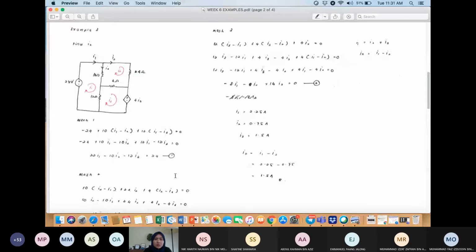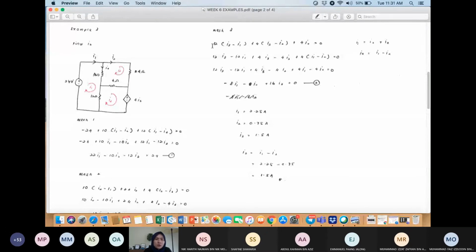Now the KVL equation for loop 3. So loop 3 over here. If you look at here, for the loop 3, we have a dependent voltage source.